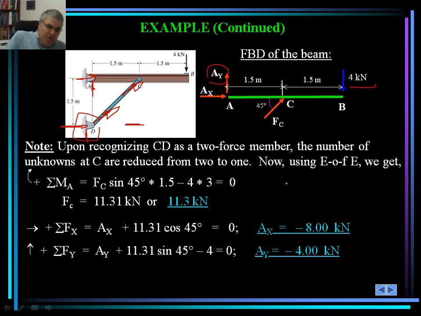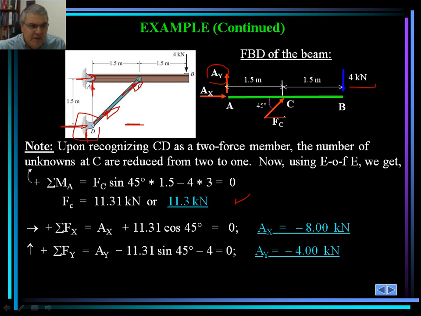So both methods would be possible. Summation of forces in the X. First we did the F sub C, then in order to calculate A sub X, again we take the summation of forces in the X: A sub X plus 11.31 cosine of 45 degrees would be 0, and that is the X component of this force.